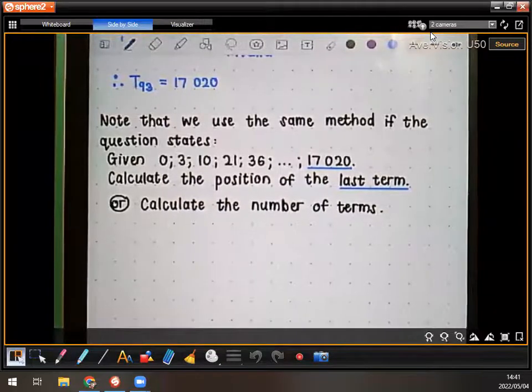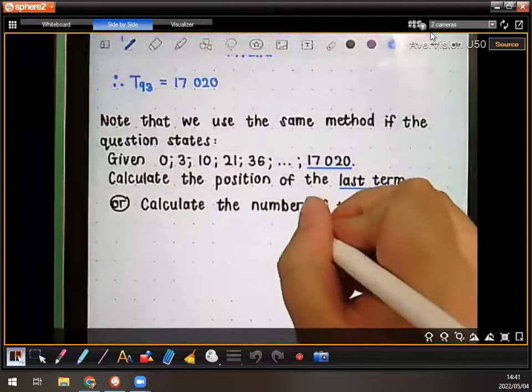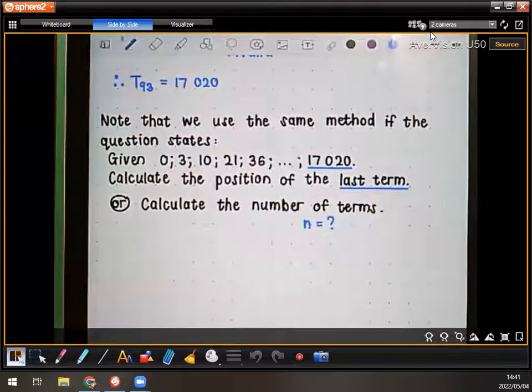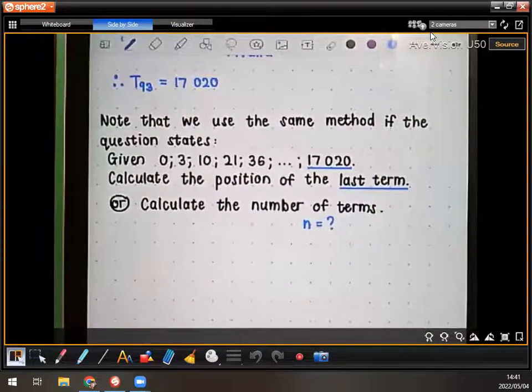Again, you are going to do the same thing. Exact same calculation. You're going to say, okay, now they're asking for the number of terms. Number of terms is also n. But now our final answer is going to have to be written slightly differently.